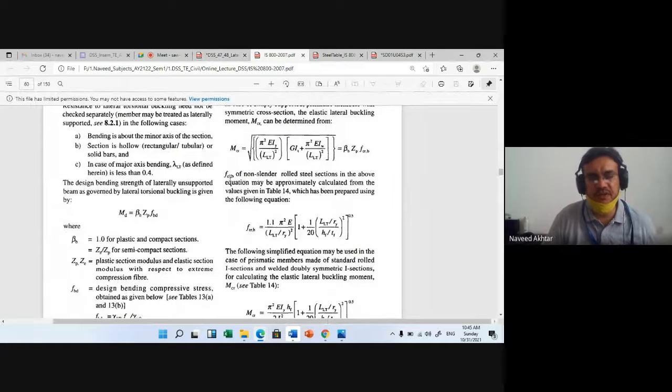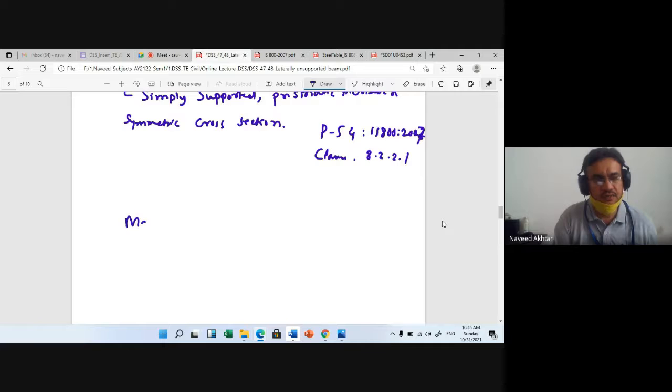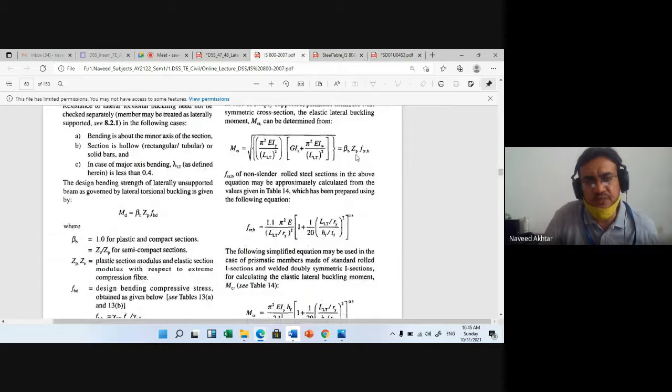And FCRB for non-slender rolled steel section may be approximately found. So if you don't find this MCR directly, you can also use beta B ZP FCRB. So either you directly use this MCR formula, or you find FCRB and then there is another formula to find the MCR: beta B ZP FCRB.